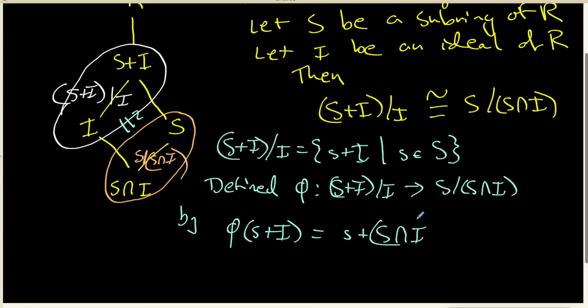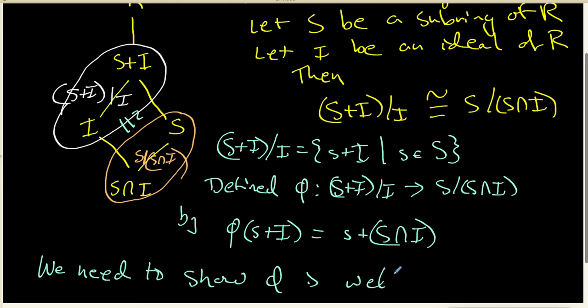Now, since cosets have multiple names, the first task that we must do in trying to prove the second isomorphism theorem for rings is we need to show that phi is well defined. So let's actually look at that particular problem.